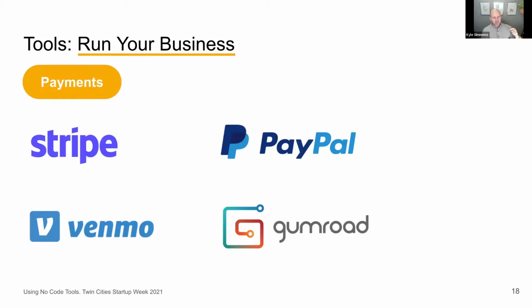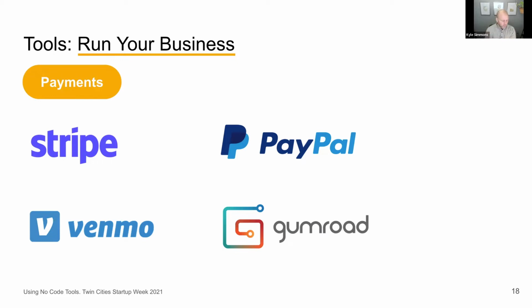Payments, Stripe, Venmo, PayPal, Gumroad. Stripe is a little more developer friendly, so not totally no code, but they're getting into that space. Venmo and PayPal, you can use these to help run your business. You can use these as no-code tools. They maybe don't integrate a ton with others, they don't have that interoperability, but I think they do have some.